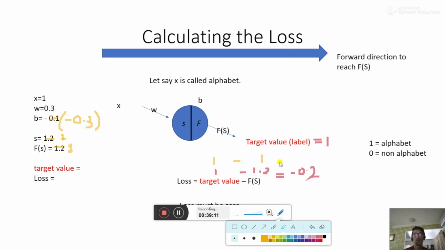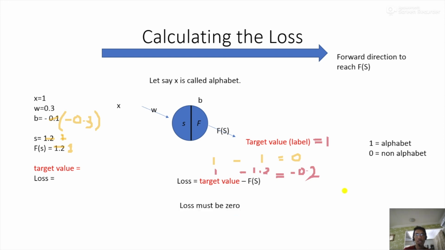So it is equal to 0. Now you see, loss must be 0, and now loss is equal to 0. Then in this case, my neuron is perfect. In this case, X is called alphabet.